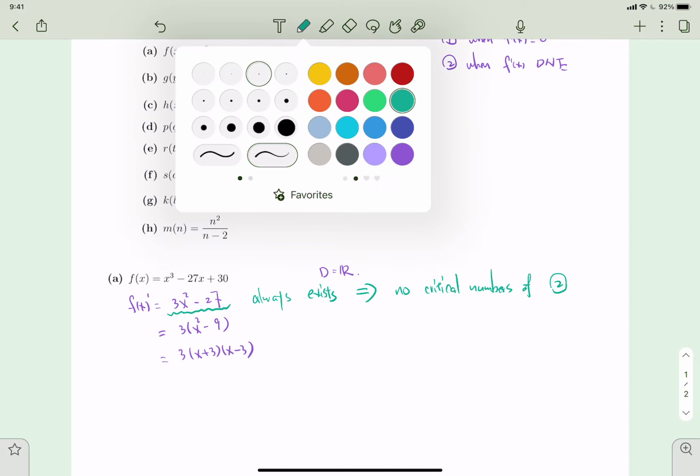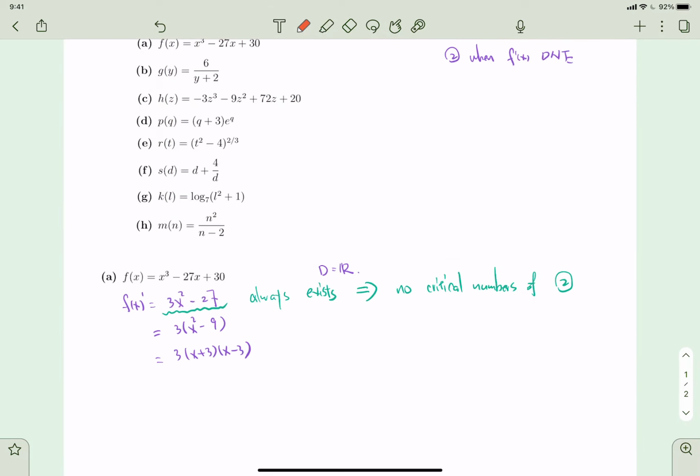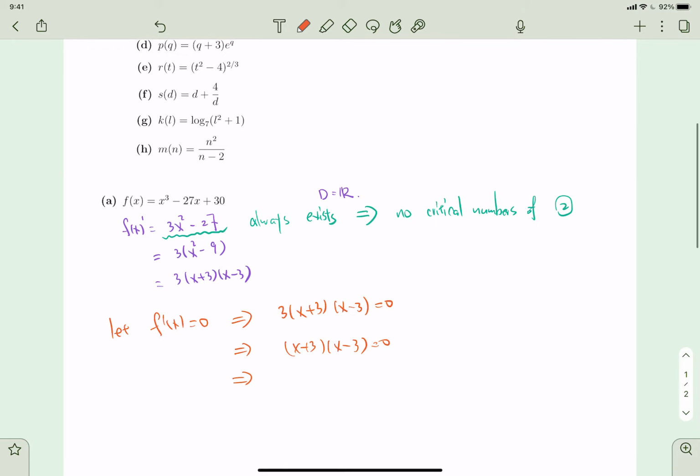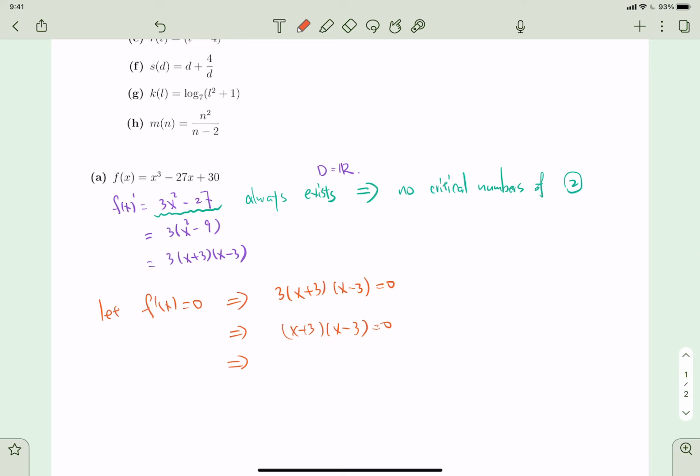Now we are left with the first type of critical numbers, which is when the derivative equals 0. So now let the derivative equal 0, right? And now we have 3 times this equal to 0, which tells us that (x minus 3)(x plus 3) is equal to 0. And because the product is equal to 0, either factor is equal to 0.